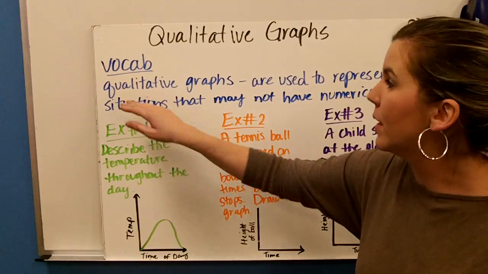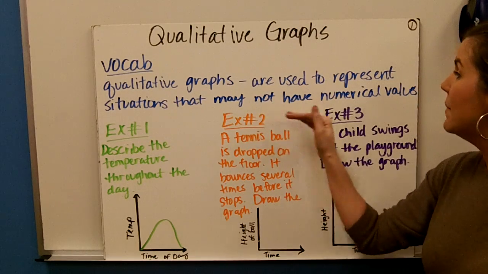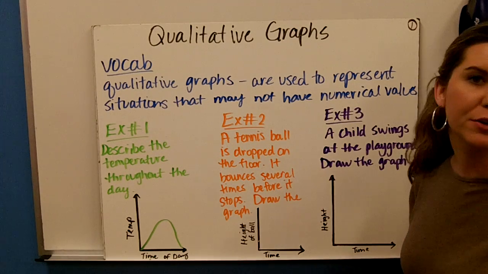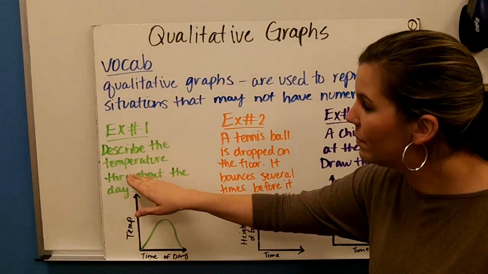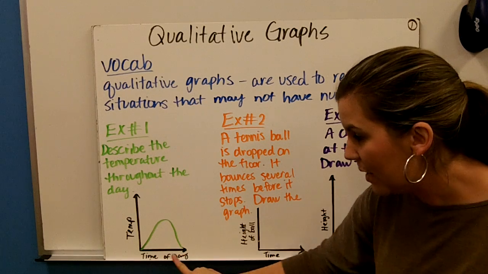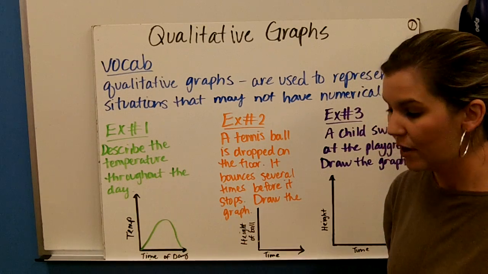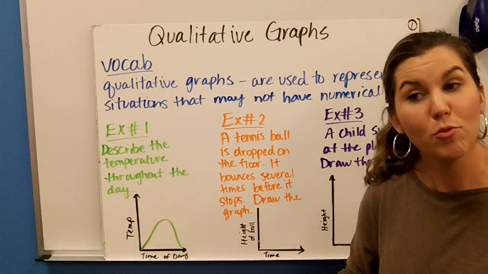Qualitative graphs. Vocabulary. Qualitative graphs are used to represent situations that may not have numerical values, or numerical values may not be given to us. Example 1, describe the temperature throughout the day. So here we have time of day and temperature. And as you all know, as the day goes on, it warms up.